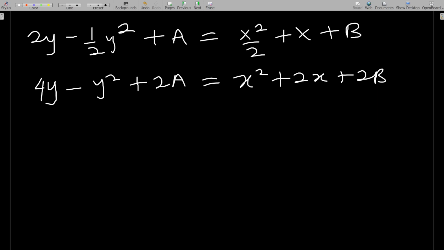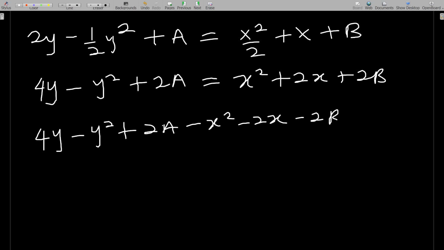So when I send the right side of the equation to the left, I have 4y minus y squared. I would do some simplification here, but I want you to understand what I'm doing. Plus 2a minus x squared minus 2x minus 2b equals 0.